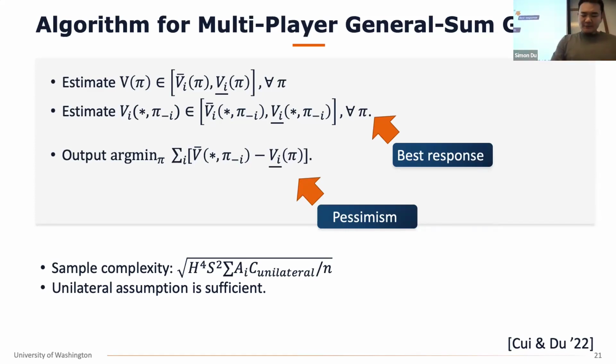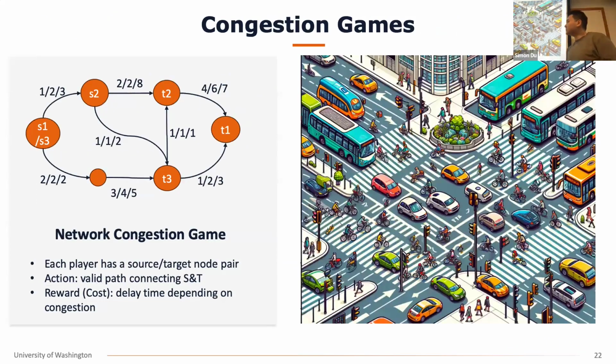All right, so the last part I would like to talk about is a structural game. It's called congestion game, okay? So congestion game naturally models a traffic scenario. Say you have different roads, you have a number of cars on different roads, and basically you want to assign the optimal strategy so that the total utility is maximized.